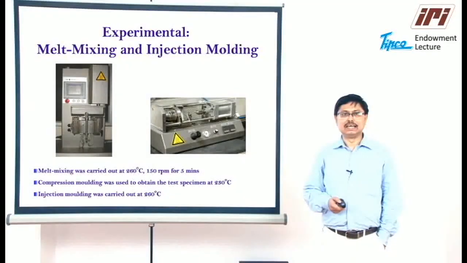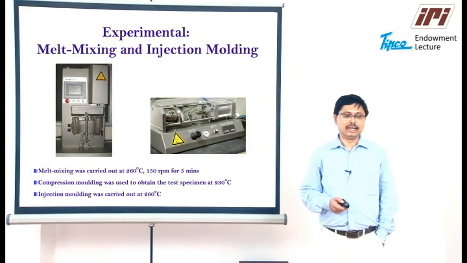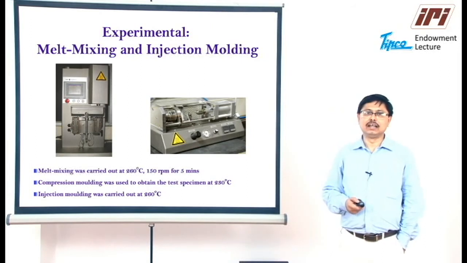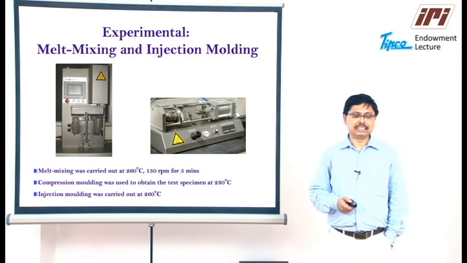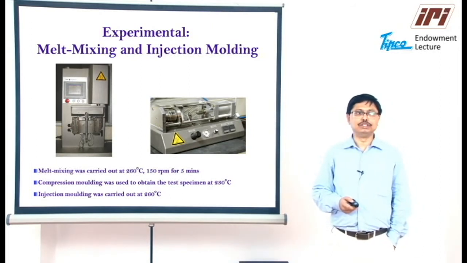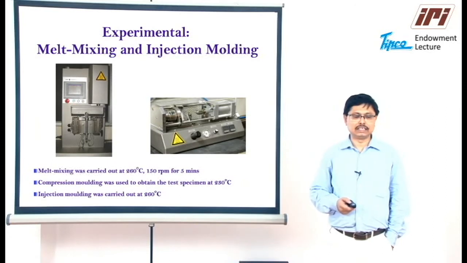These materials were prepared in a small scale twin screw extruder, a DSM microcompounder with a 5 cc batch size, followed by either compression molding or a mini injection molding machine.